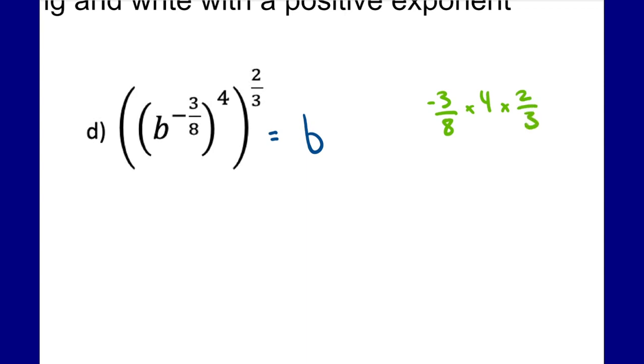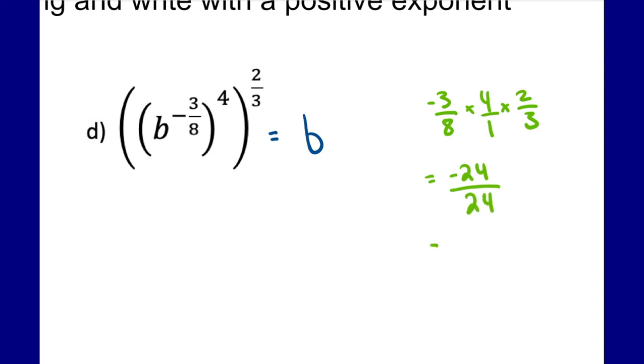When we're multiplying fractions, we just multiply the numerators and multiply the denominators. A whole number is over 1. So negative 3 times 4 is negative 12, times 2 is negative 24, over 8 times 1, which is 8, times 3, which is 24.